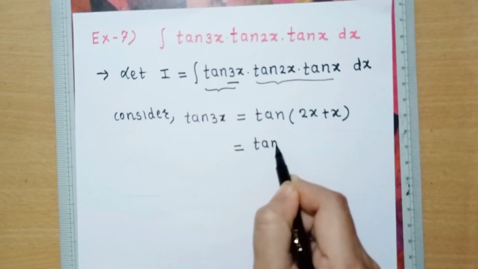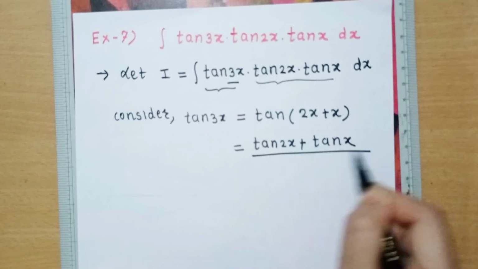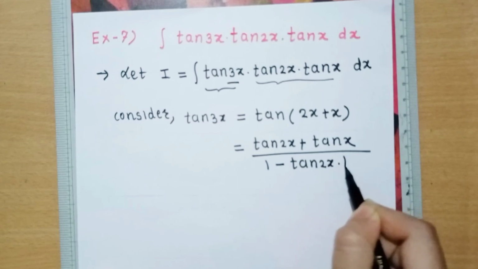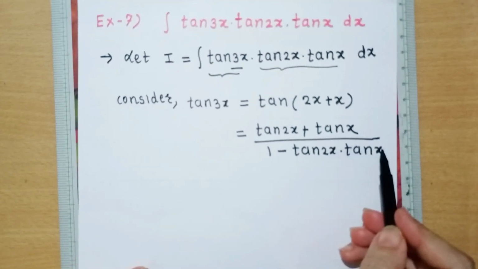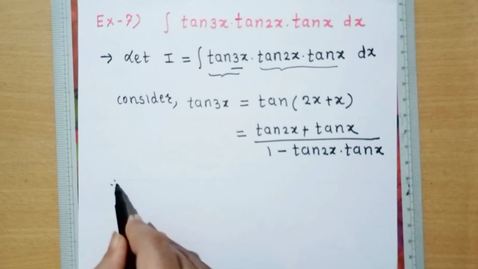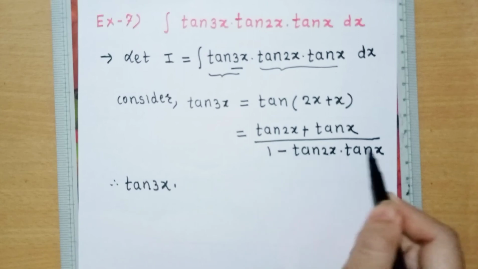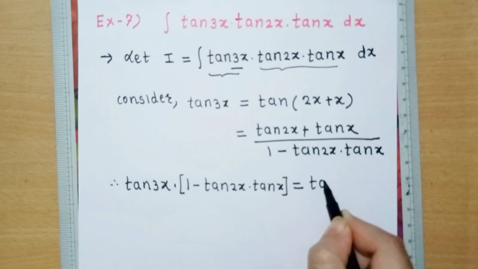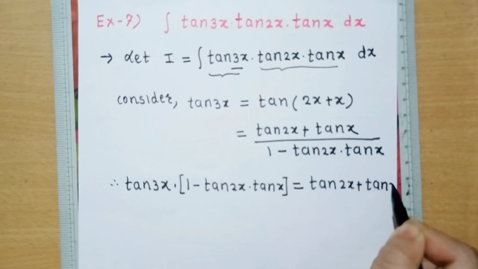So here tan of 2x plus tan of x upon 1 minus tan of 2x into tan of x, this formula. And now we will move this denominator to the left hand side. So again we have tan of 3x into this denominator, and this numerator as it is, tan of 2x plus tan of x.